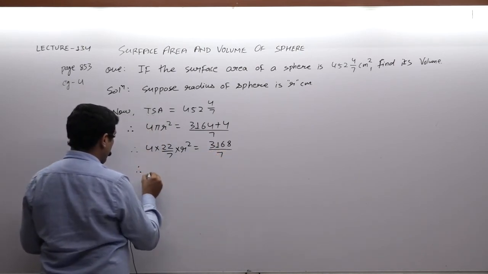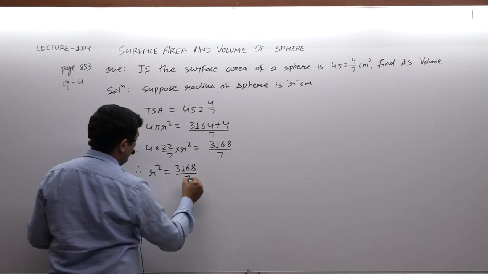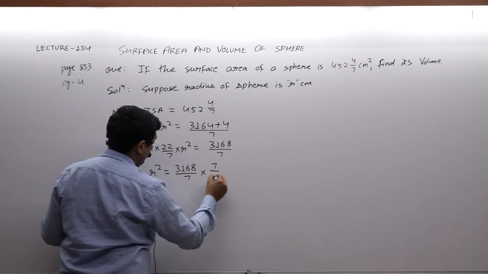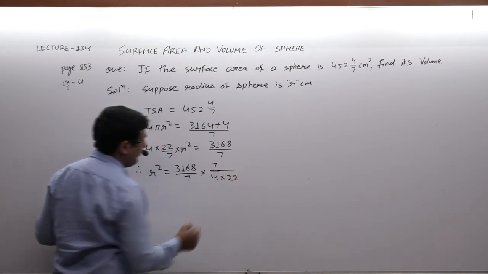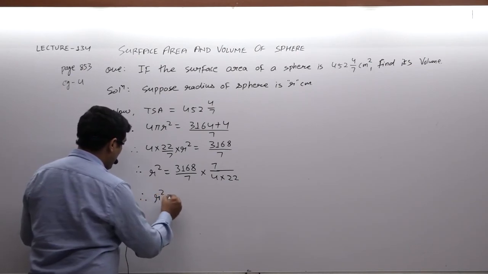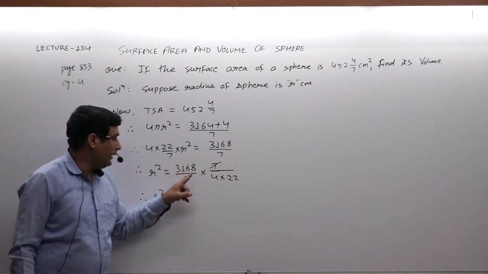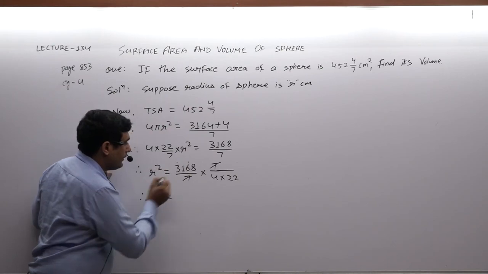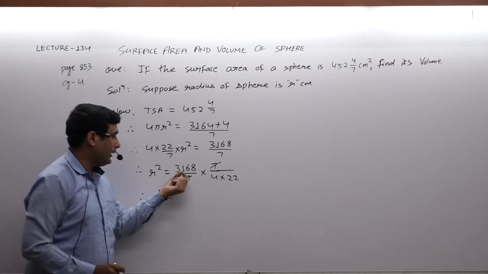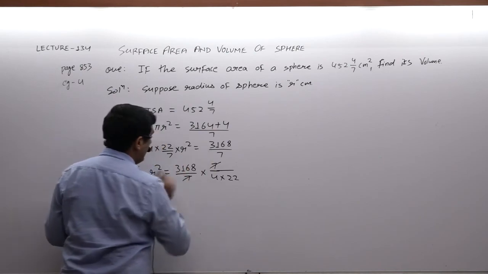So from here I can find the value of r square, that is 3168 divided by 7, into this 7 comes in the numerator, 4 and 22 comes in the denominator. So r square is equal to, 7 and 7 I can cancel. Now this 3168 is divisible by 11, because here 3 plus 6 is 9, here 1 plus 8 is 9, and their difference is 0. The digits at alternate places have the same sum, so it is divisible by 11.